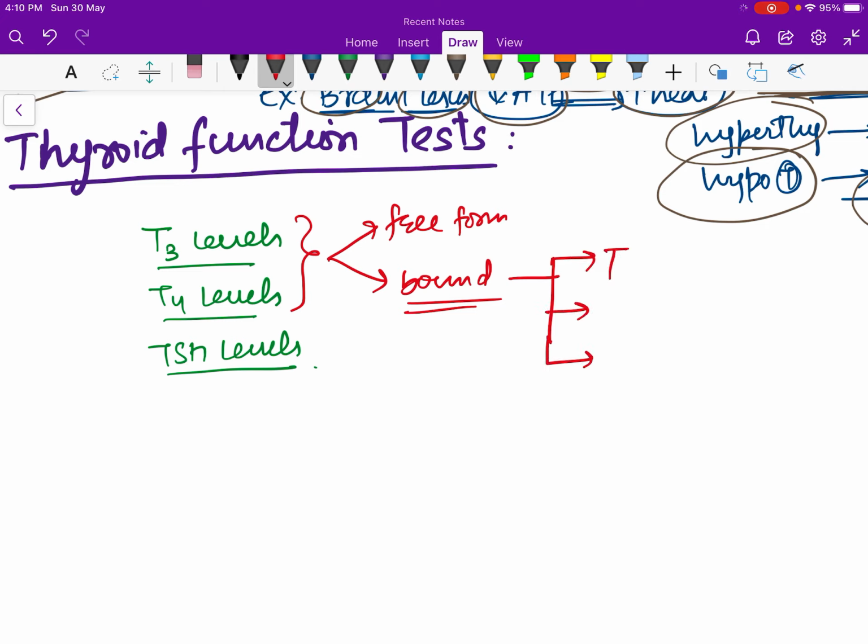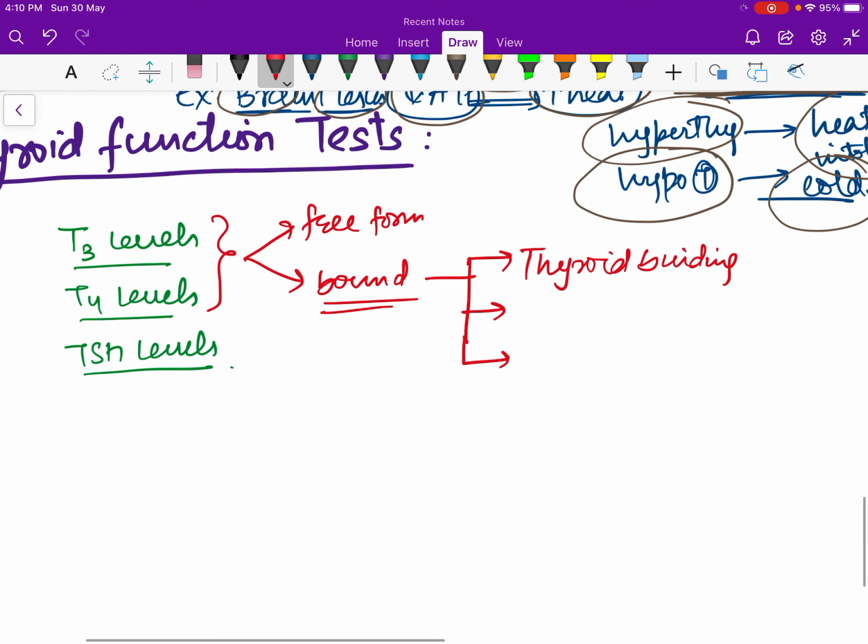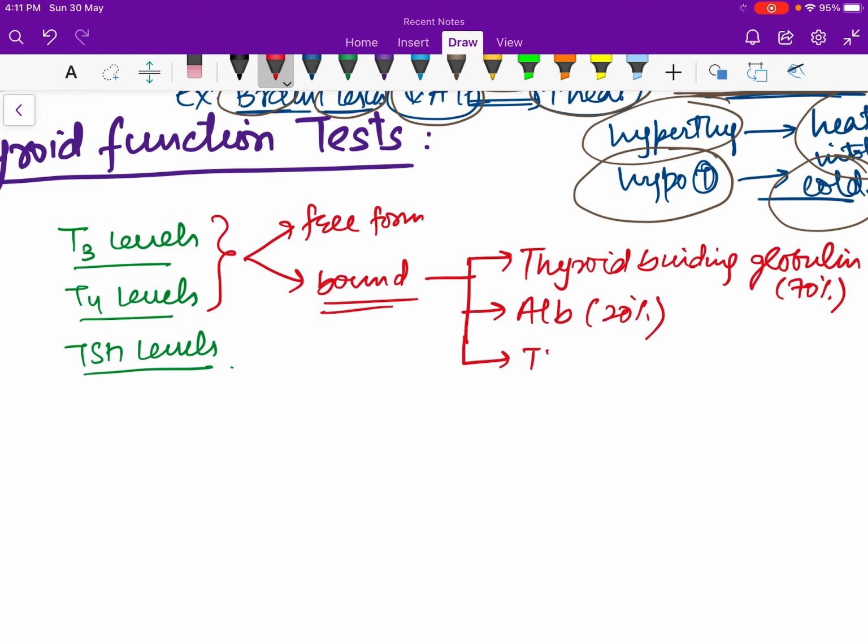In bound form, these are bound to three main plasma proteins. Almost 70% is bound to thyroid binding globulin, almost 20% to albumin, and 10% to transthyretin.